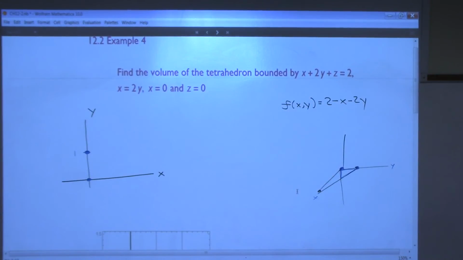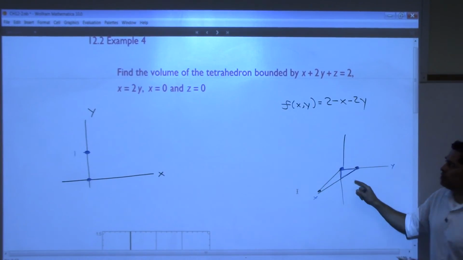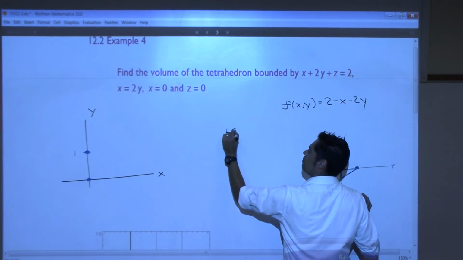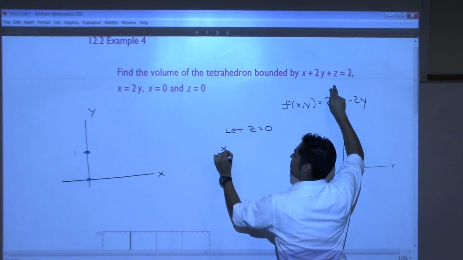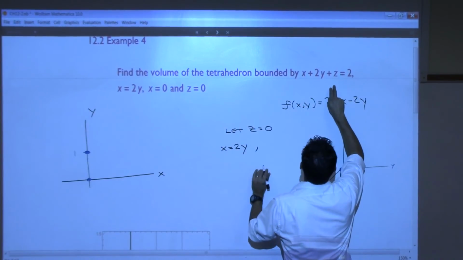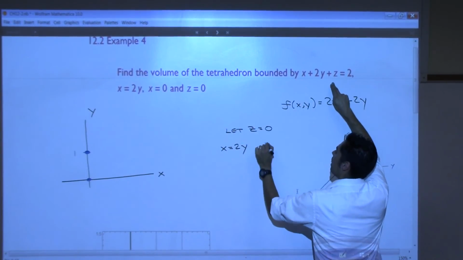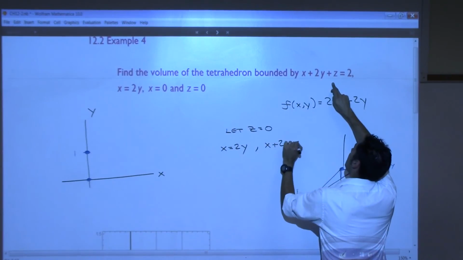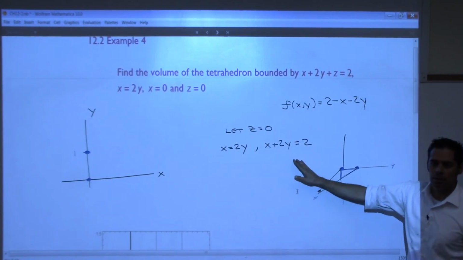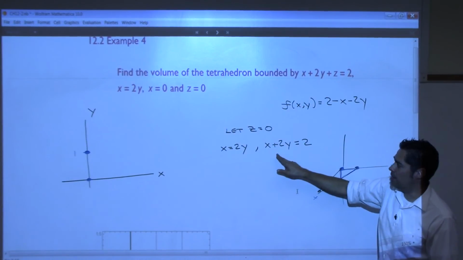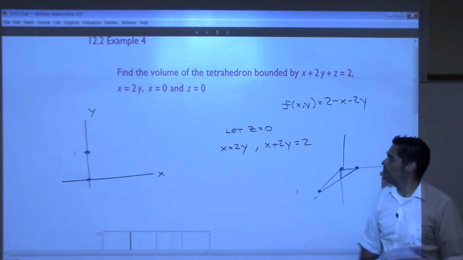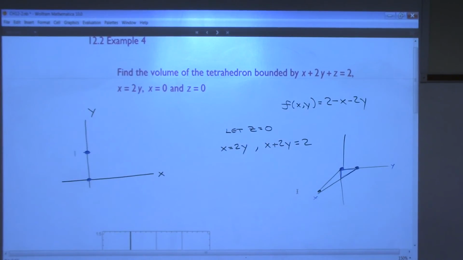So how can you determine where those hit each other? Well, where they hit each other, they're both on the ground, the XY plane. So when they hit each other, z is 0. So I'm first going to let z be 0. That way I'm on the ground. The second equation, with z being 0, is x plus 2y equals 2, right? 2 equations, 2 unknowns.